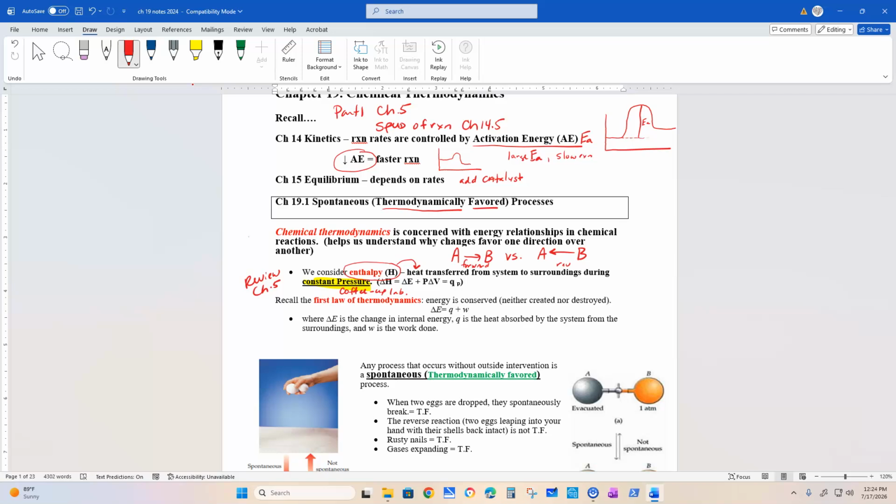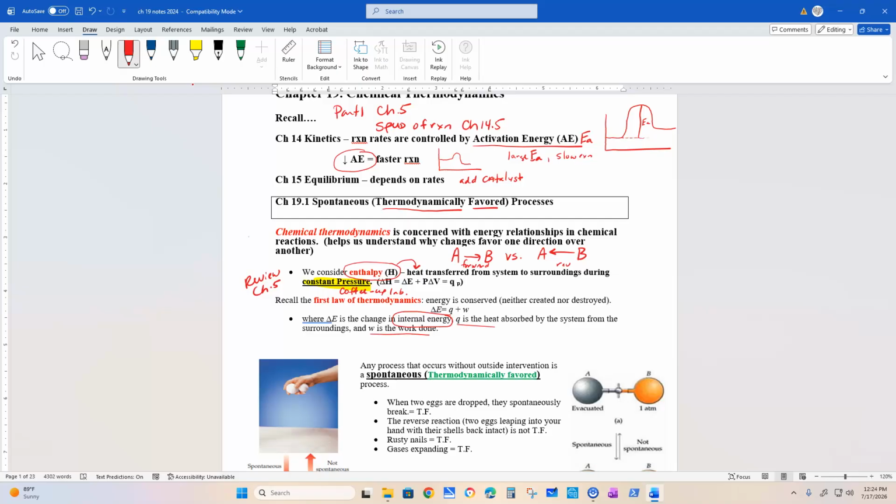So for enthalpy, we have delta E, which is internal energy. We have Q, which is heat, and then we have W as the work being done on the system or by the system.